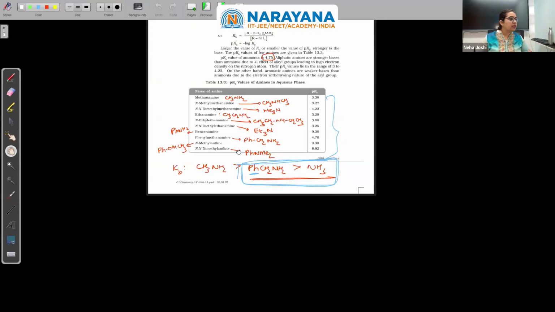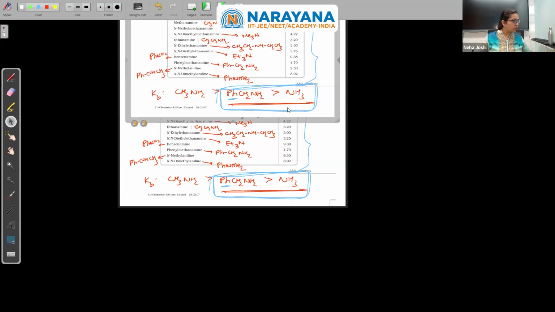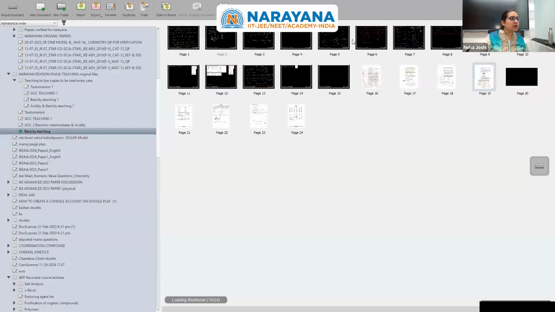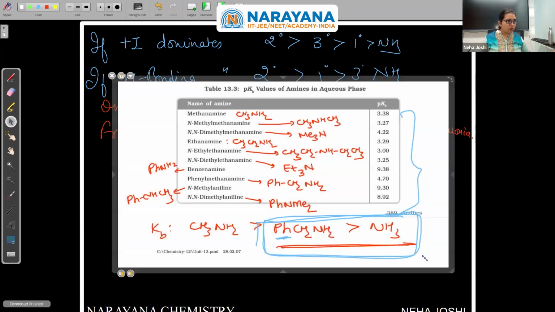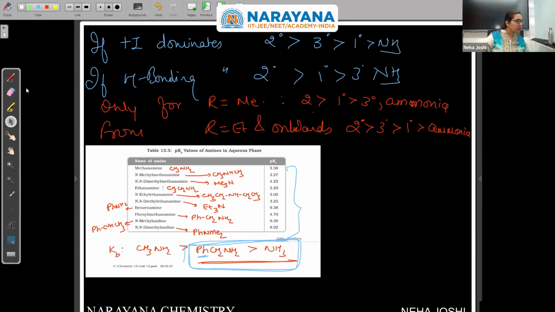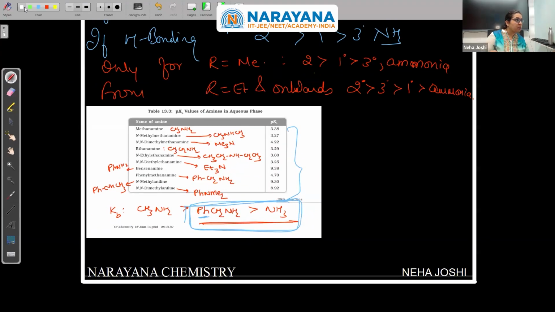Let us discuss what we have decided, 1 degree, 2 degree, 3 degree and all these factors. Let me see whether this thing is coming in sync with the NCERT data or not. It is extremely important for us to conclude.